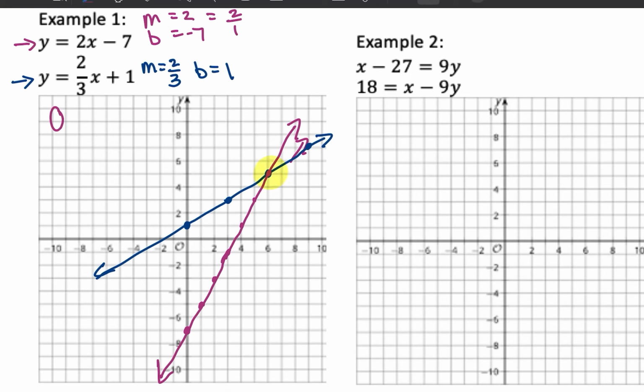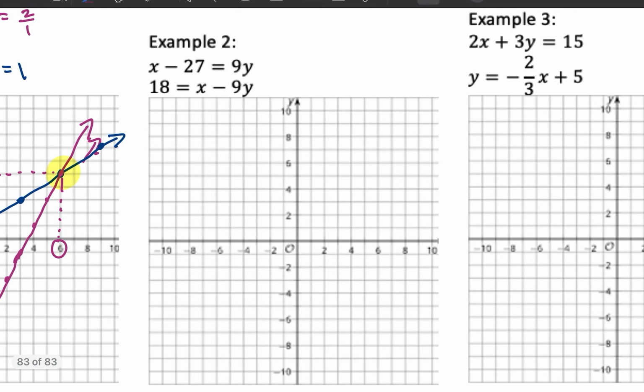So it does have one solution. And our solution is the ordered pair for the intersection. So our x value is 6, and our y value would be 5 because it's between 4 and 6. So that's for our first system of equations. So it's got one solution.